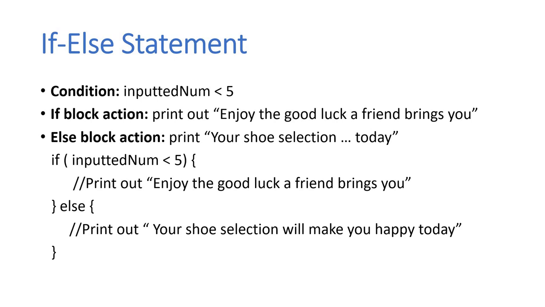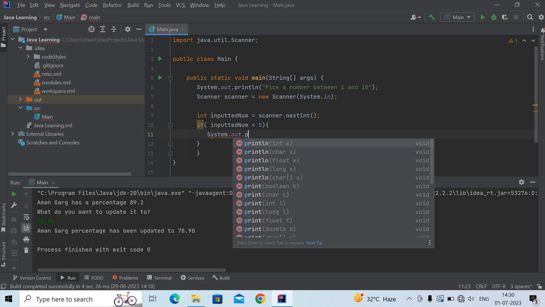Let's add an if statement to our code. We will write if and then our condition, inputted num is less than 5. We will create our if block with the curly brackets and we will write System.out.println.